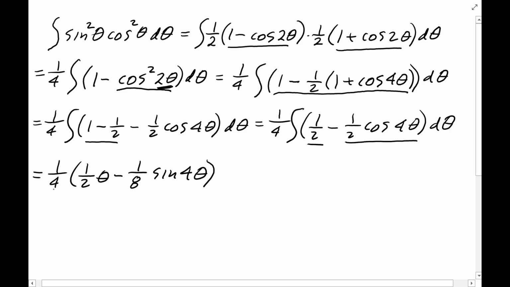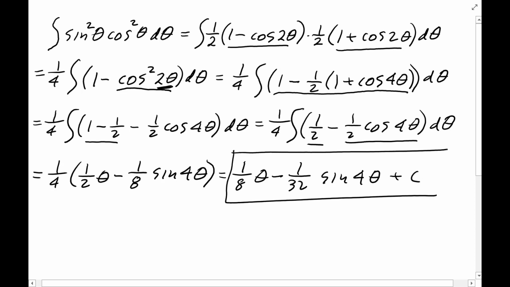And if you want to distribute that 1/4 on the outside, you're going to get 1/8 theta minus 1/32 sine of 4 theta plus c, and there's our antiderivative.